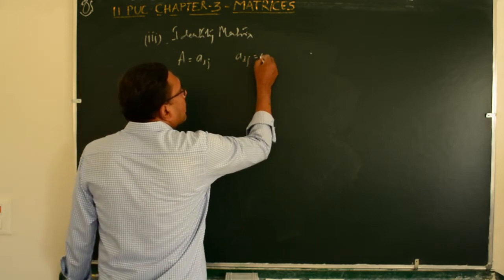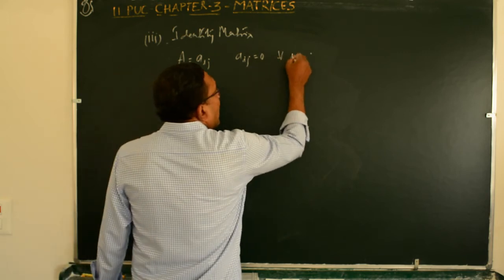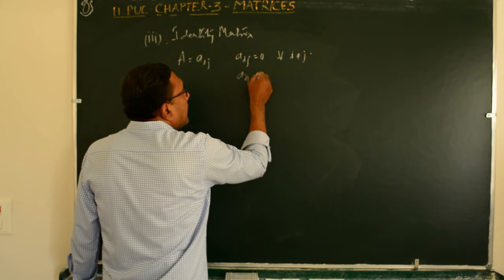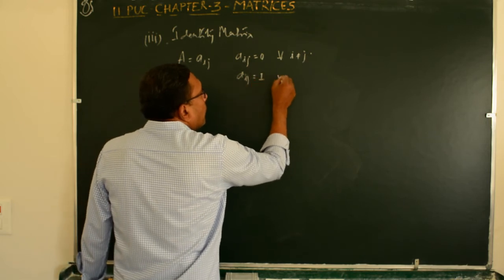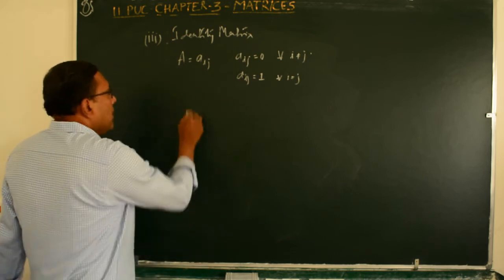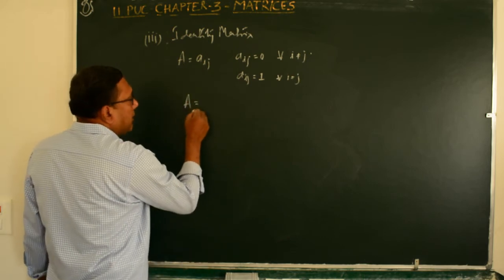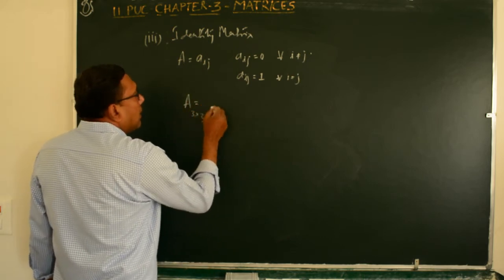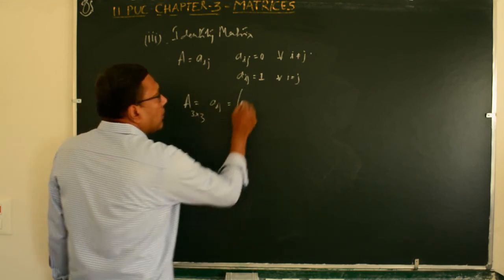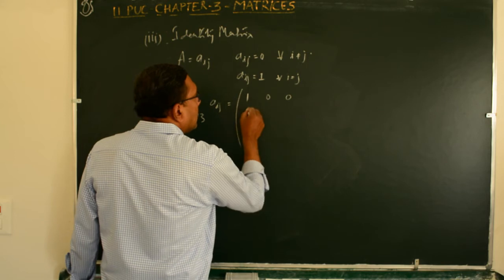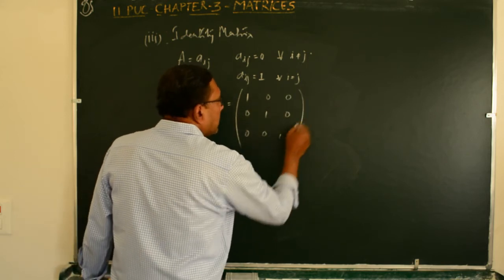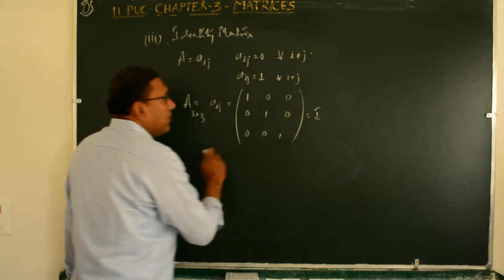Aij is equal to 0 for all i not equal to j, and Aij is equal to 1 for all i equal to j. It's very simple. If we want to construct a matrix of 3 by 3, this is how it looks: 1, 0, 0, 0, 1, 0, 0, 0, 1, which is called the identity matrix.